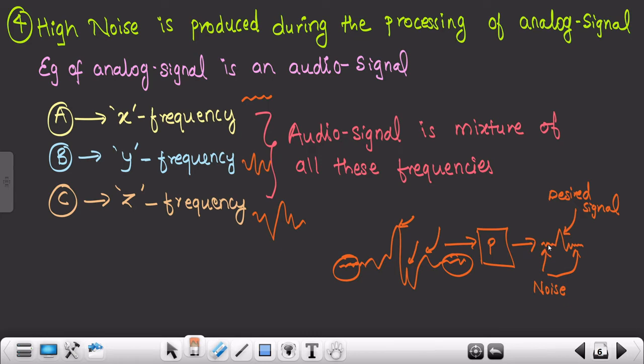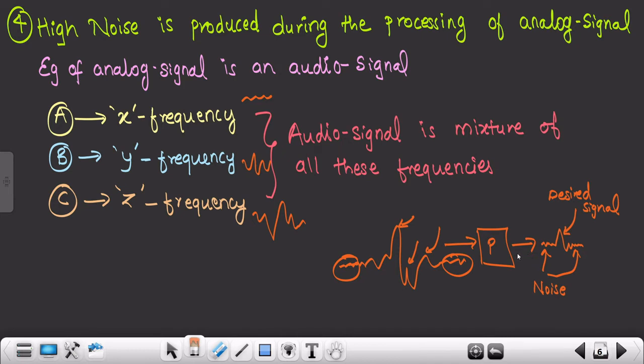There might be certain noise present in that signal. So that's the main reason that in analog circuits, or analog electronics, the signal which you get has high noise.